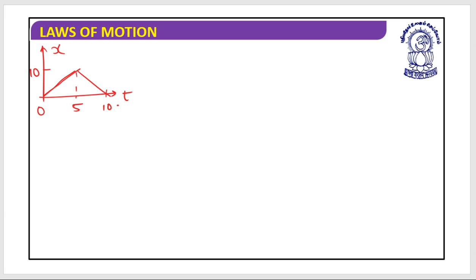So now I need to find out at t equals 5 seconds. When I calculate at t equals 5 seconds, this is initial and this would be the final. So initial velocity is the slope, which can be calculated as 10 minus 0 divided by 5 minus 0, which would be 2 meter per second.